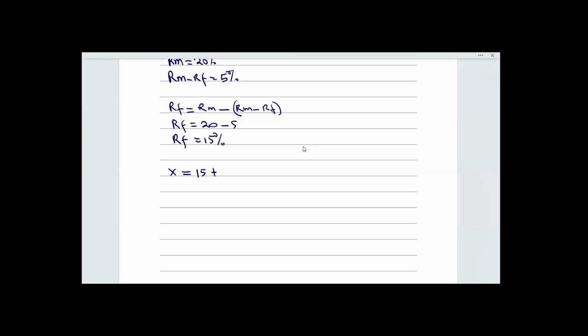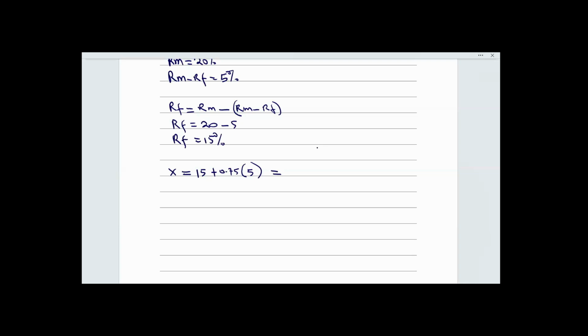All right. So the beta of security X is 0.75. The market risk premium is 5%. There is no need for you to do RM minus RF. The examiner has already told you that the difference between RM and RF, which is the risk premium, has been given to you as 5.